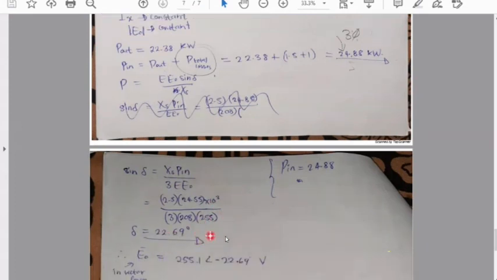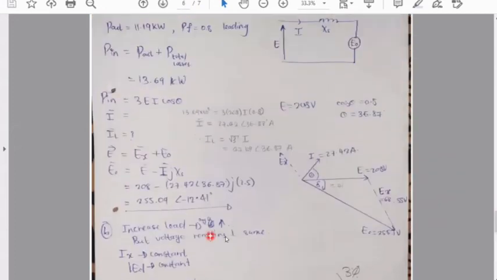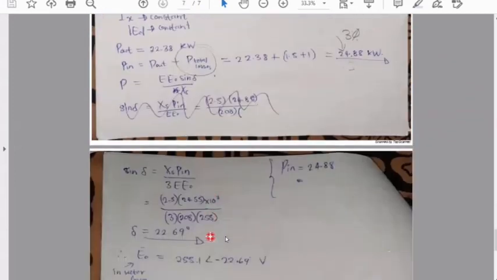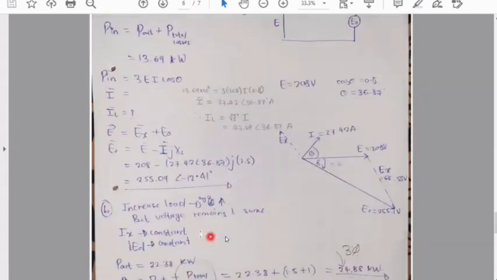So remember our value for E naught in the previous question was 255.09 at an angle of negative 12.41. In this question, when you are increasing the load, sorry, I might have said this incorrectly earlier, but when you increase the load, the angle increases, but the magnitude, that means the voltage, remains the same for E naught.